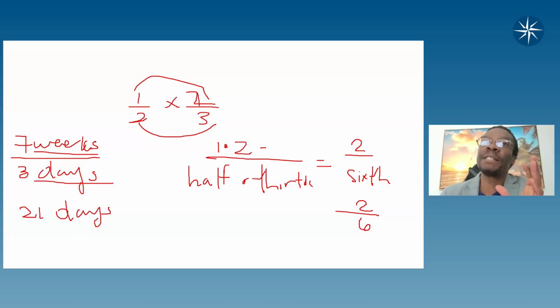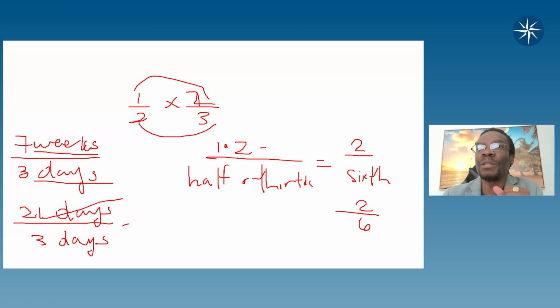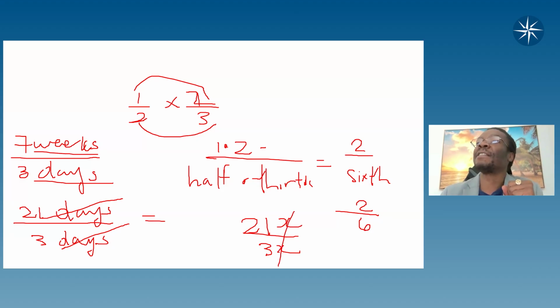Now we have the same unit. And when the units are the same, we can divide. The days will cancel out. Days into days is 1 because days is like a unit. That's why now when they have 21x over 3x, they can cancel out. Similarly, this now becomes 21 over 3.